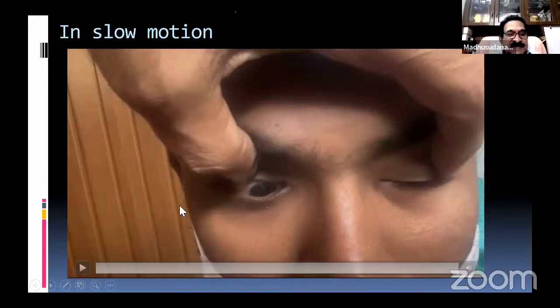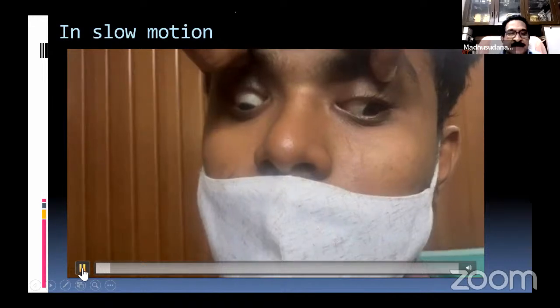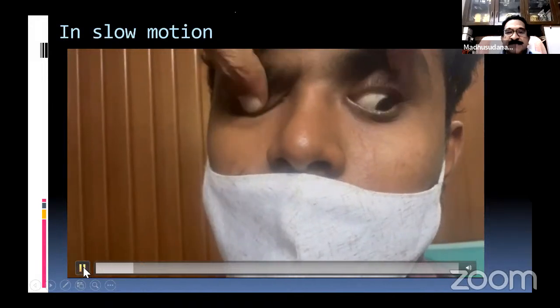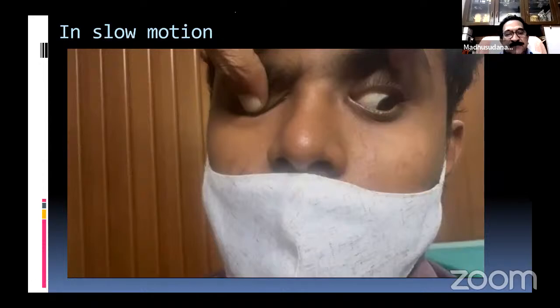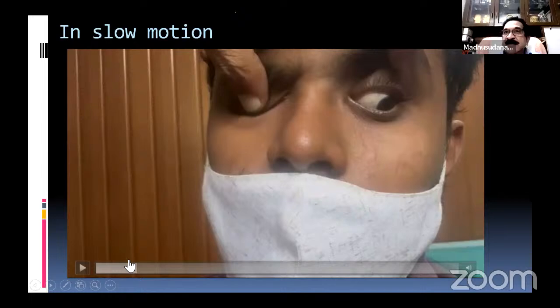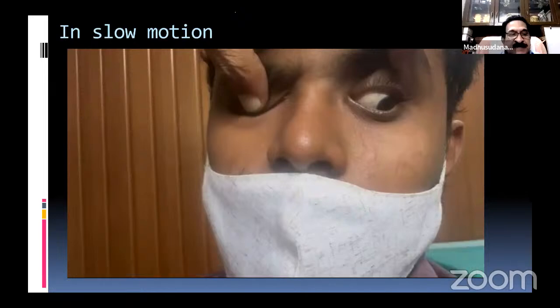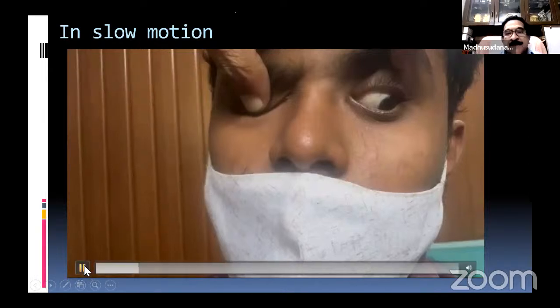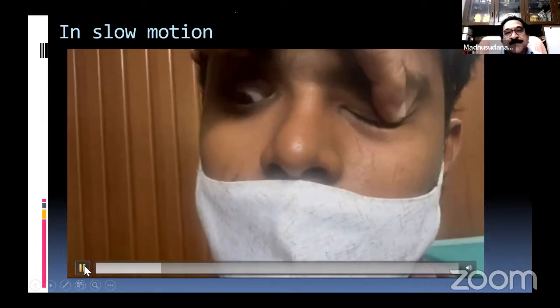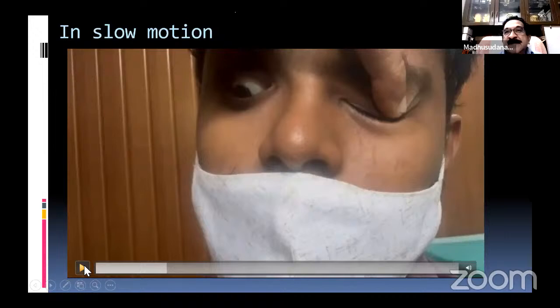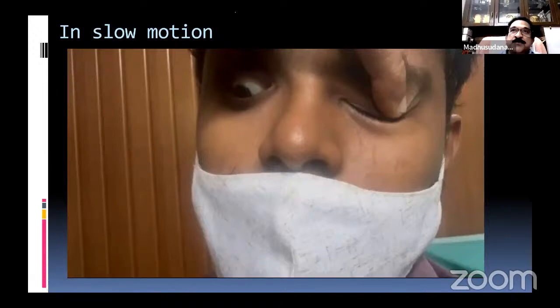So I will show the video once again now. Now, he is looking to the left side. His left eye is focusing onto the object. Now, the right eye, if it's in alignment, would have been looking in the same direction. So on removing the cover, see what happened? The eye has already deviated out.